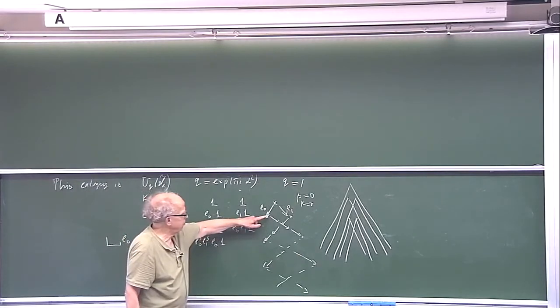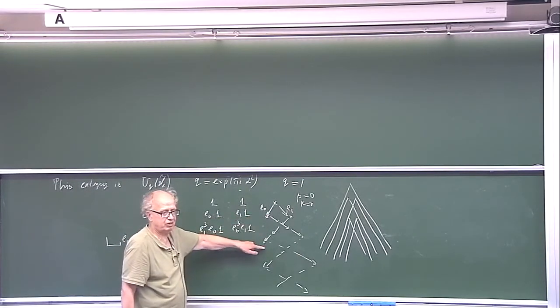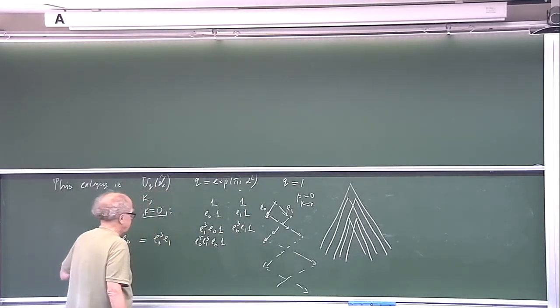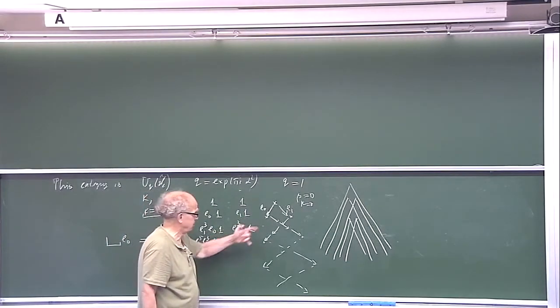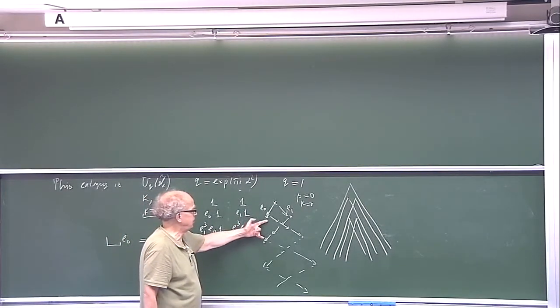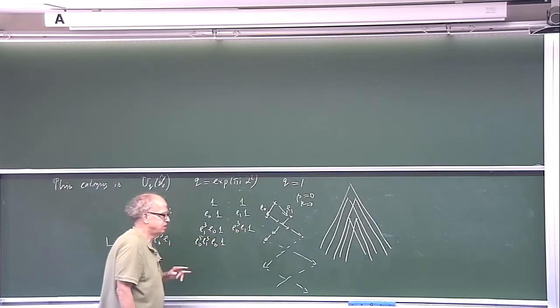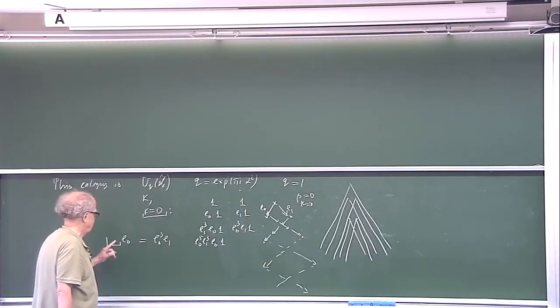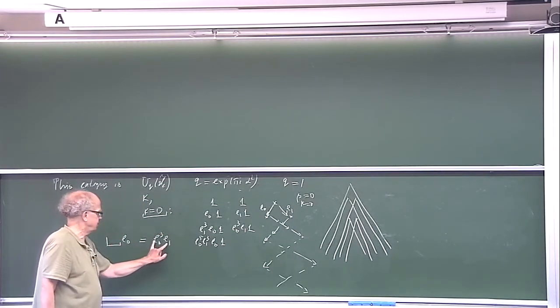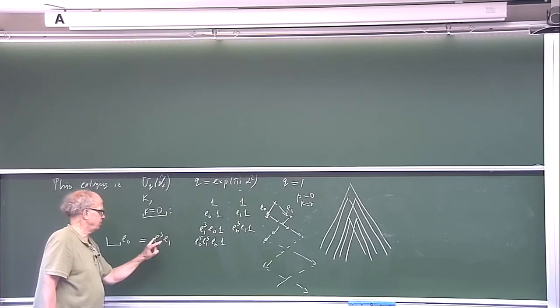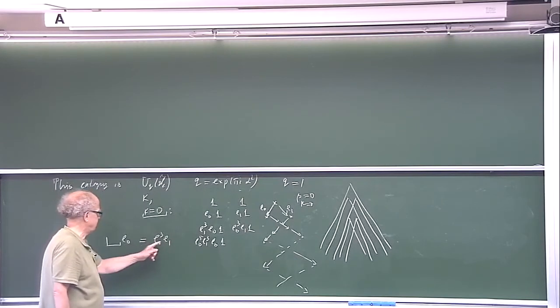So these belong to the representation generated by this. In this case, it follows immediately from the Serre relation, because if you write down a q-commutator, for example, it will be several terms, but one of them will be this.